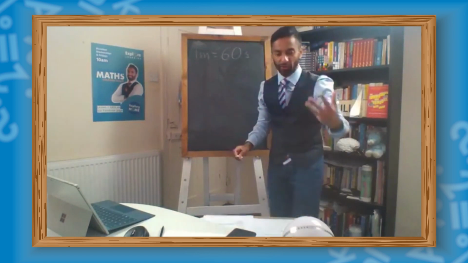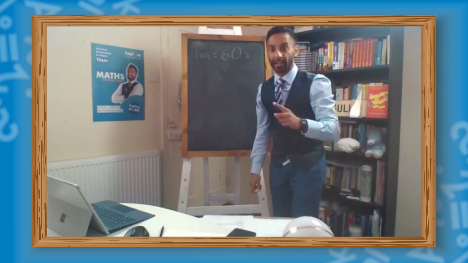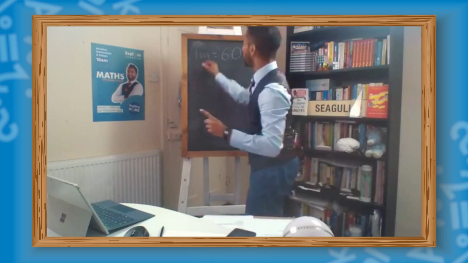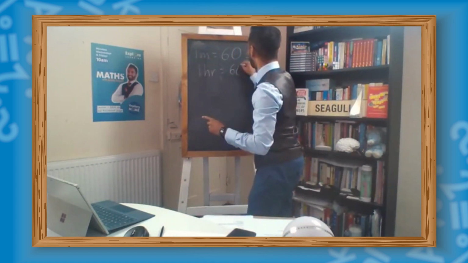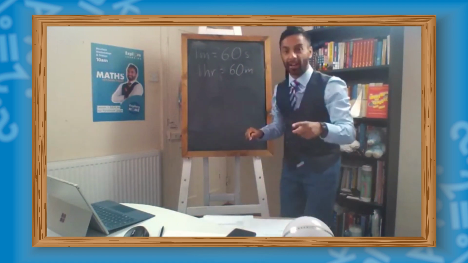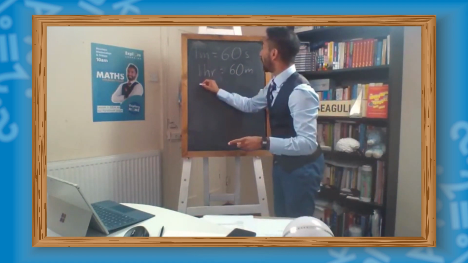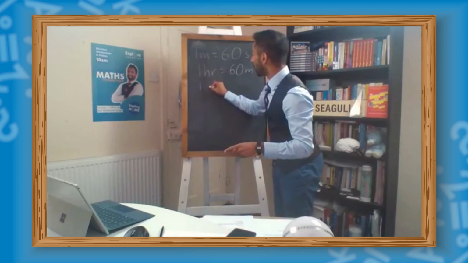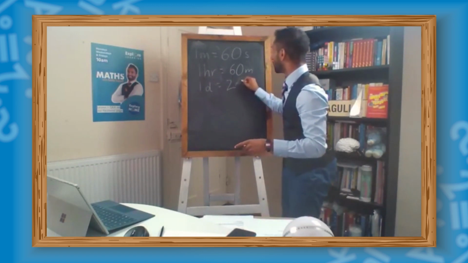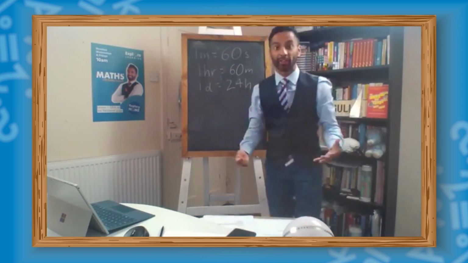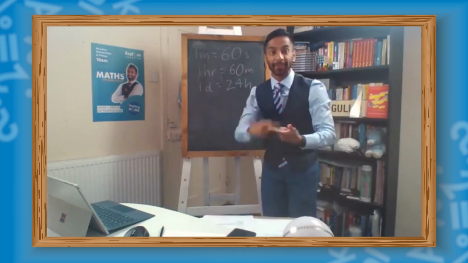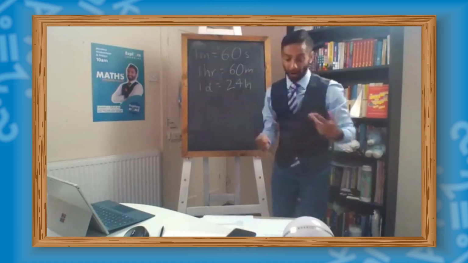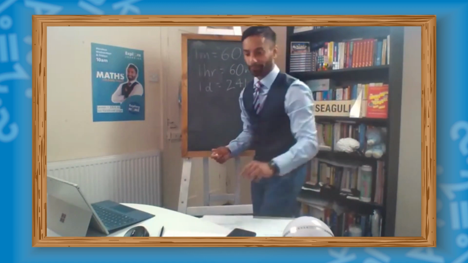They seem really basic, but it's good to check. 1 minute, 60 seconds. Then in 1 hour, we have 60 minutes. And then for 1 day, there's 24 hours. These are the basic units of time that we all need to be confident of. 60 seconds in a minute, 60 minutes in an hour, and 24 hours in 1 day.